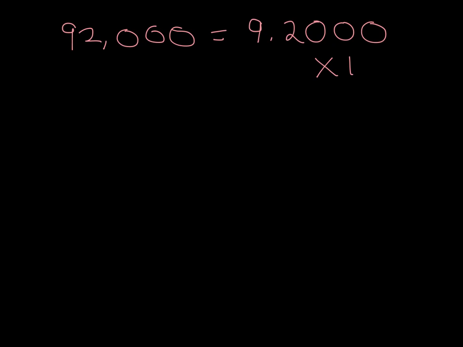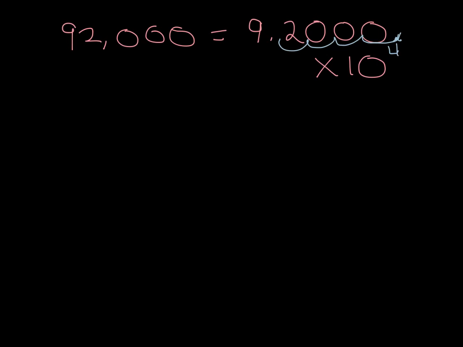The way we figure out what that power of 10 should be is we simply count how many places we had to move the decimal. Our decimal started out in the place that I just marked here. When we moved it, we moved it 1, 2, 3, 4 places. So this would be 9.2 times 10 to the 4th. We really don't need those extra zeros in this particular example.